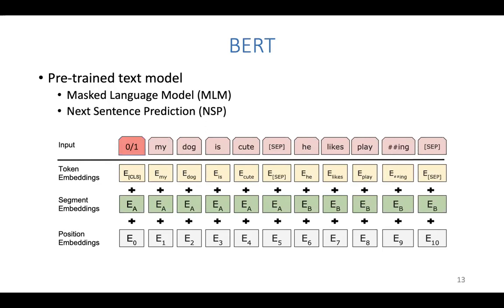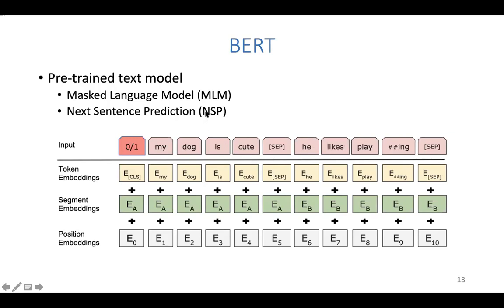But there is another task called next sentence prediction, which is based on the CLS token. Originally BERT receives two sentences. Here sentence number 1 is "my dog is cute," and sentence number 2 is "he likes playing."